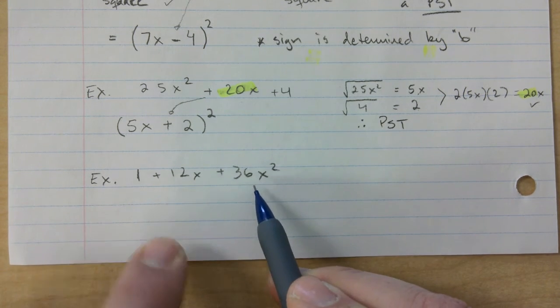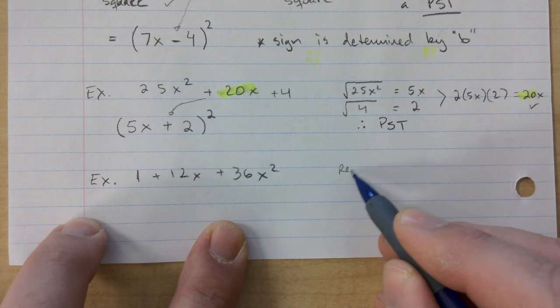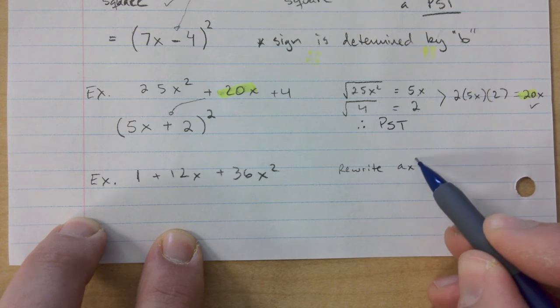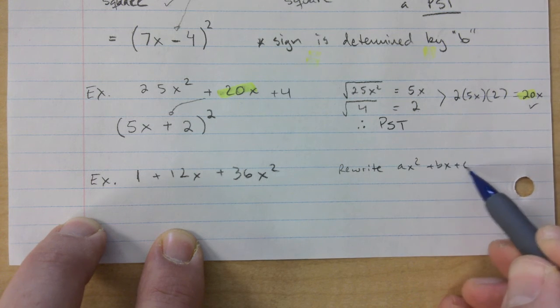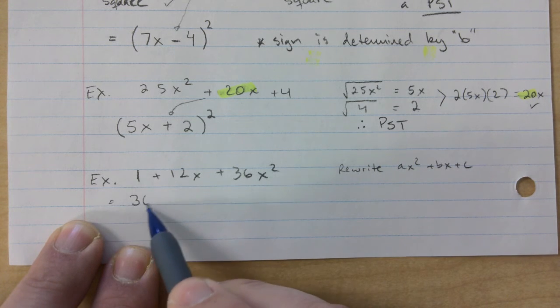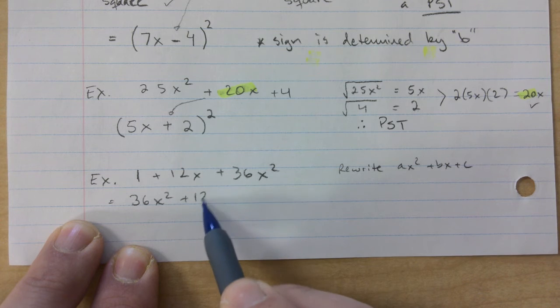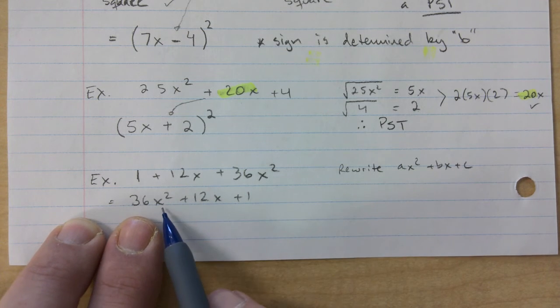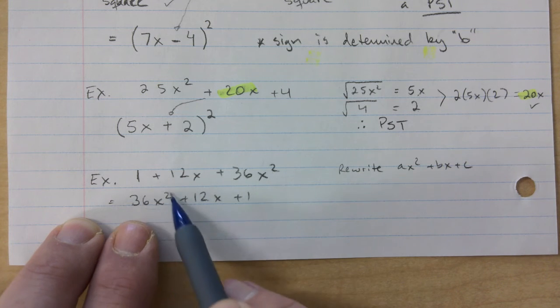If you have something like that, rewrite it. You want it like this, that's what I would recommend. So you just go 36x squared plus 12x plus 1. You kind of have a hint already. It's like, wait a minute, this looks like a perfect square.